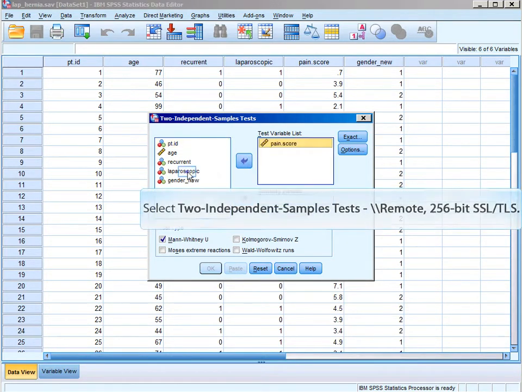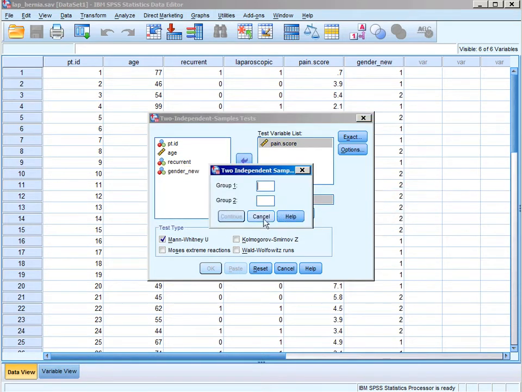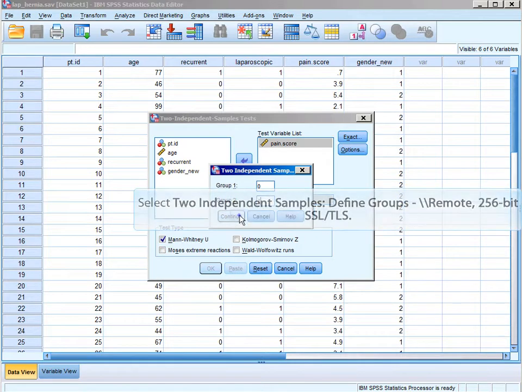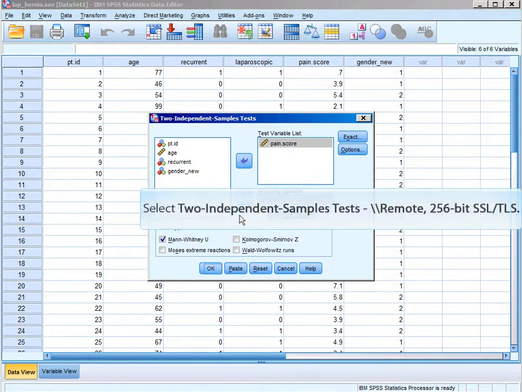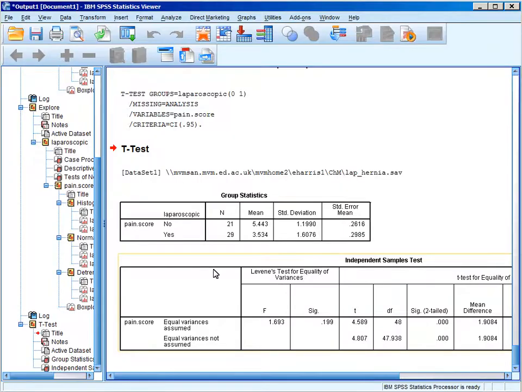Scoot pain score over, scoot laparoscopic over, define the groups as we did before, 0 for no, 1 for yes, and the test we're going to use is called a Mann-Whitney U test, and you just need to hit OK, and that gives you these boxes here.